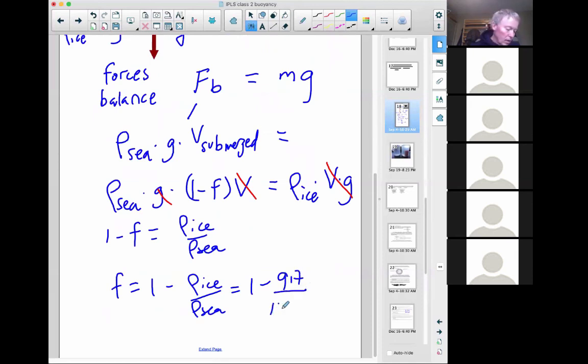So substituting in the given densities, we do indeed get 10% of the iceberg is the fraction above. So hopefully you've all got that down now.